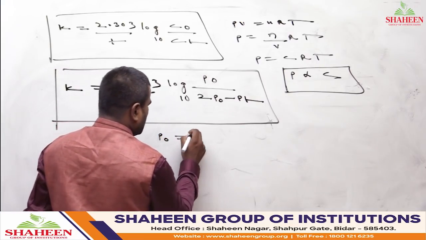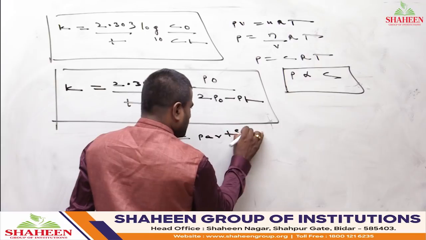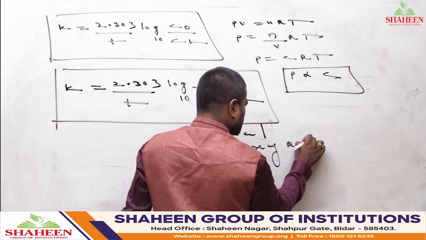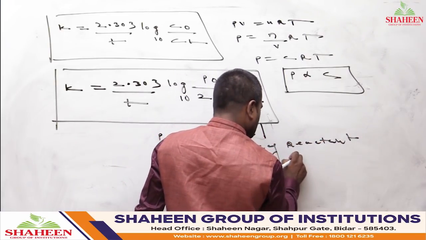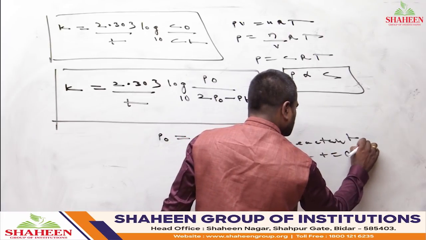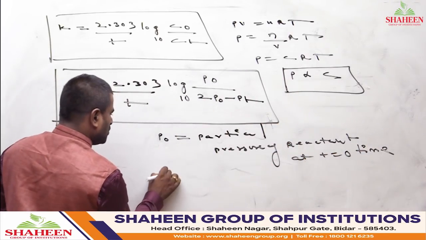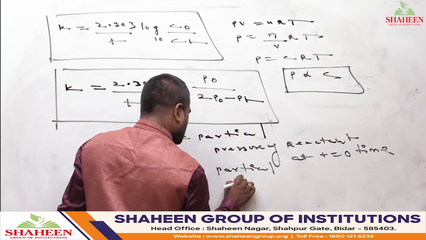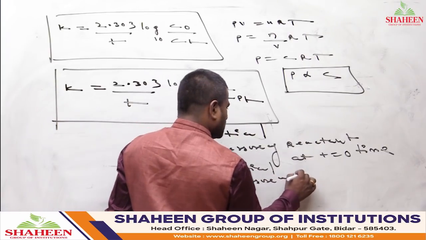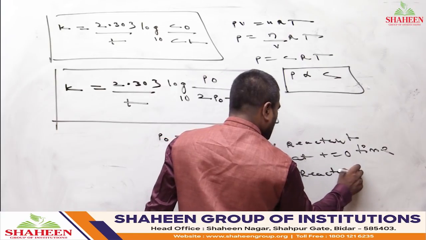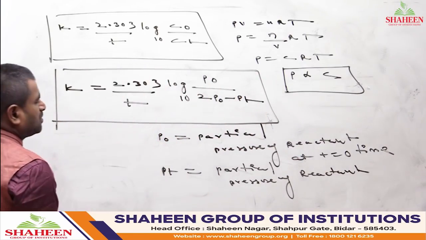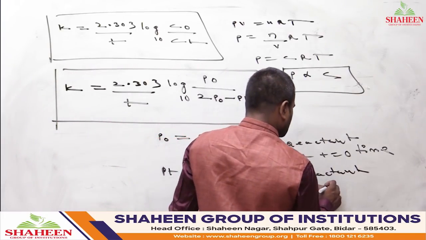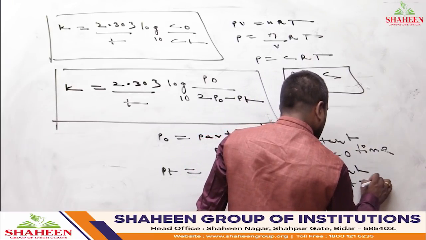Here P naught indicates the partial pressure of the reactant at T is equal to 0 time. Now Pt indicates the partial pressure of the reactant at T is equal to T time.